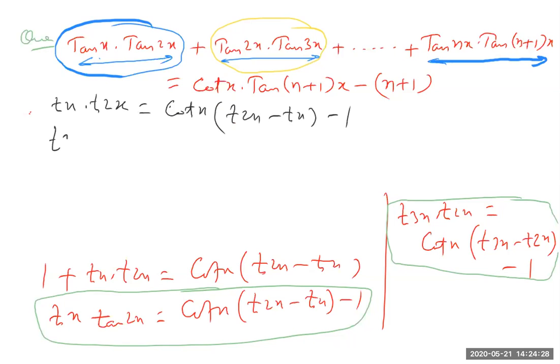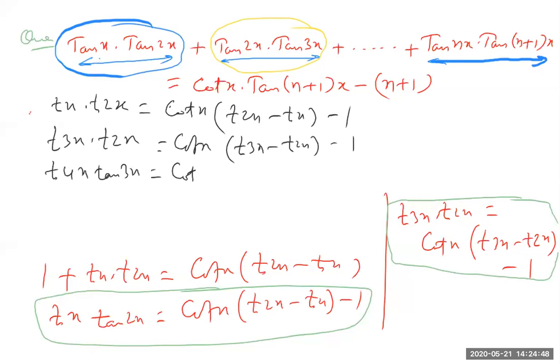Similarly, tan 3x into tan 2x is equal to cot x into the difference of them, tan 3x minus tan 2x minus 1. Similarly, you will write tan 4x into tan 3x is equal to cot x into tan 4x minus tan 3x minus 1, and so on.